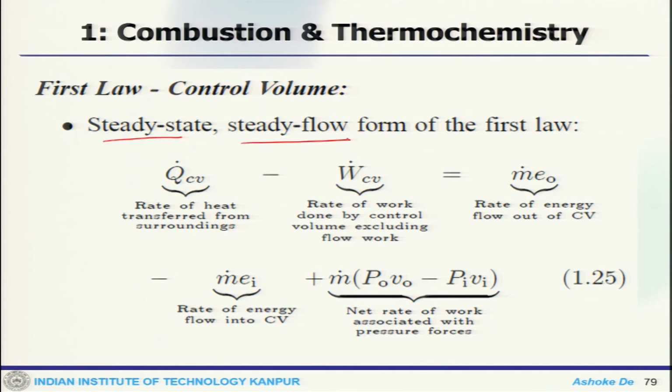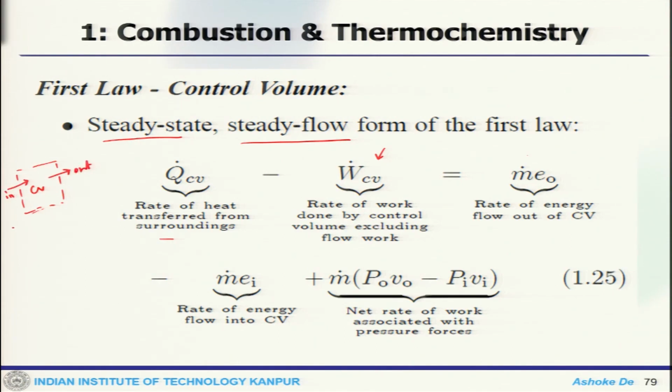Then you have a control volume which is defined, and across that control volume you find the rate transfer: this is the heat rate, this is the work, then the rate of energy flow into the control volume. So, there would be a flux, a change in flux. Something comes in, something goes out.